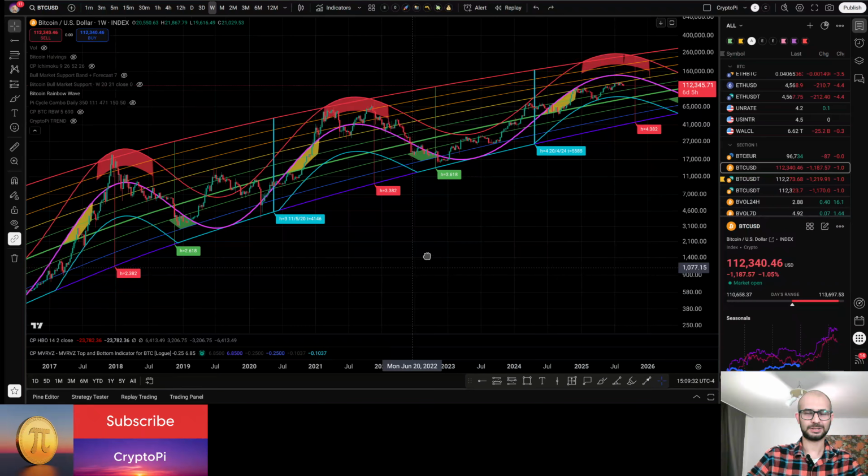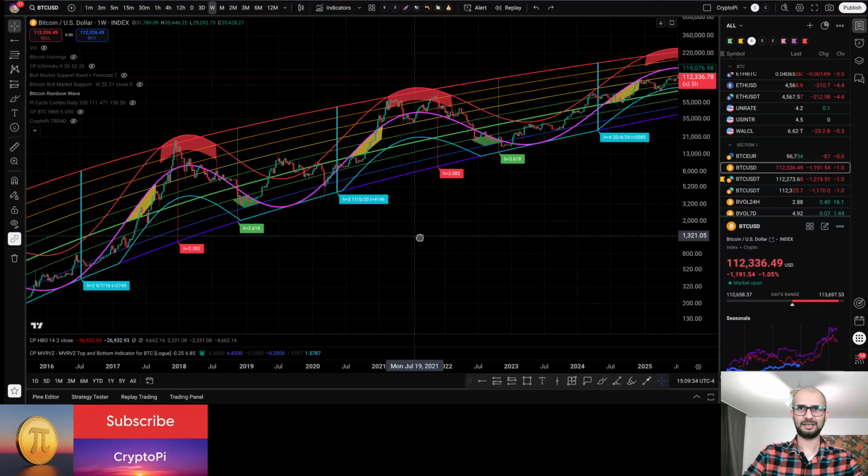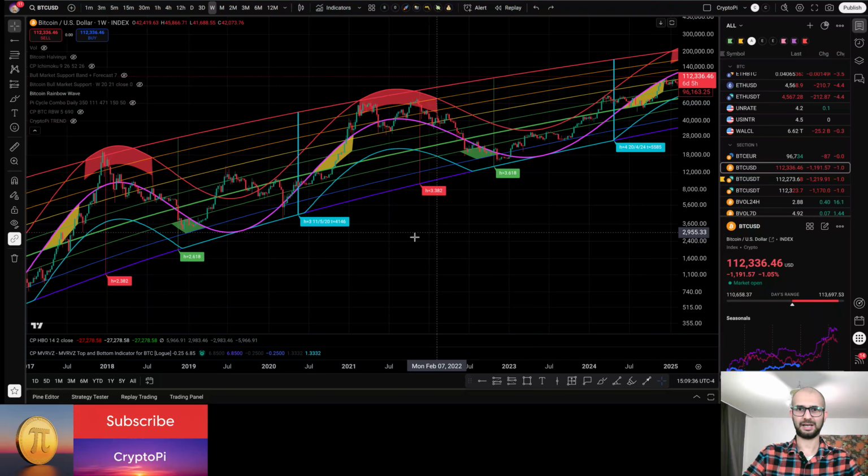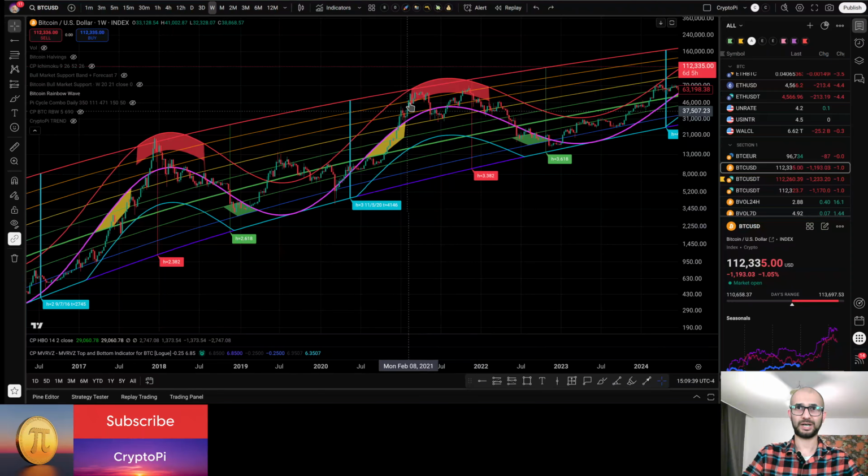One thing about the H line for this particular cycle, so that was the last cycle in 2021, price did reach the red zone, so it was very close to its cycle top. We saw some pullback, and then price went back again to the red zone.